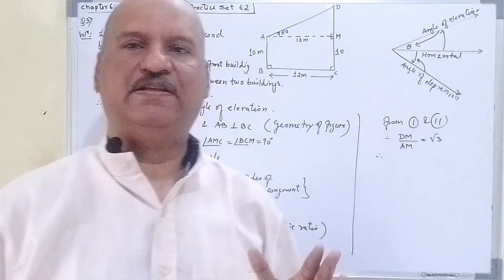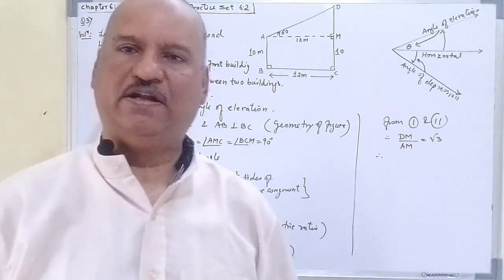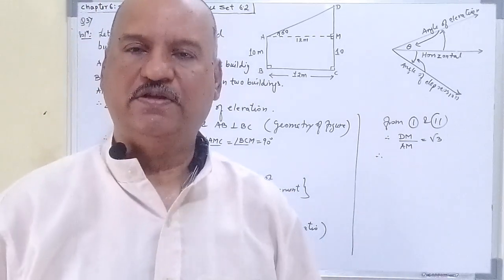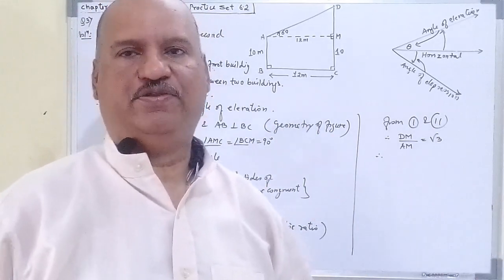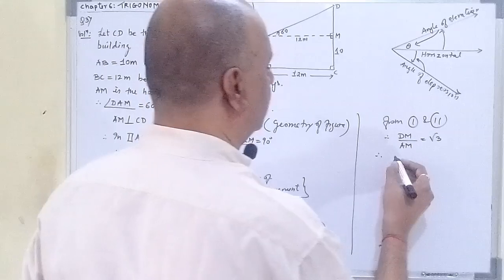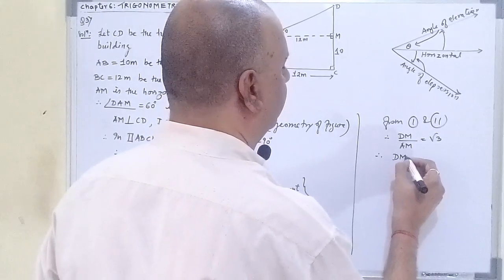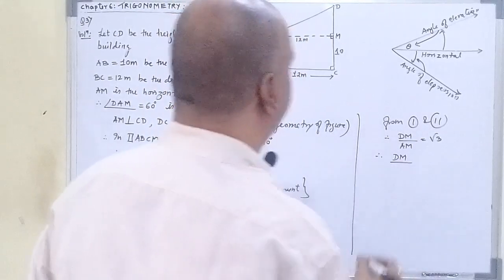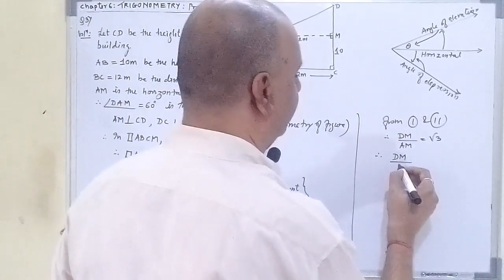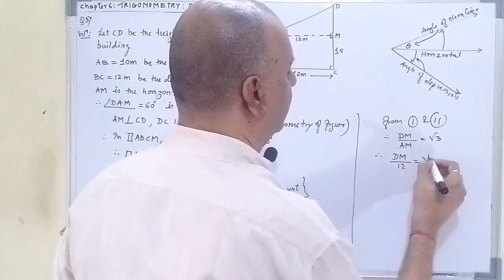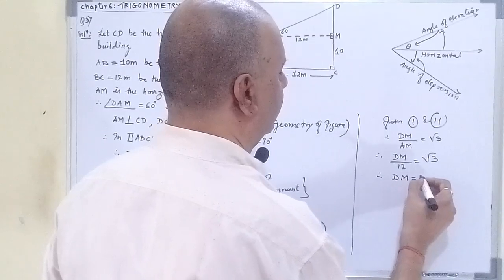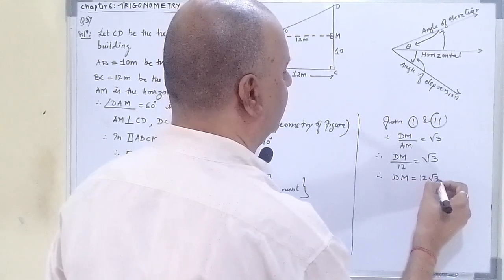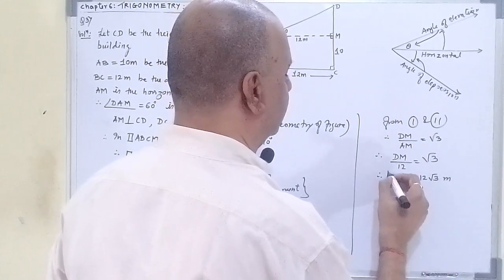Here the examiner sometimes expect you to write root 3, sometimes they don't. तो मैं क्या करूँगा? हम यहाँ लिखेंगे नहीं, इन में डालेंगे रूट 3 की वैल्यू. Therefore, DM upon AM कितना है 12. So DM equal to 12 root 3 meters.